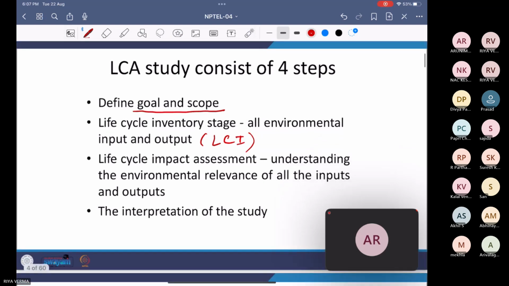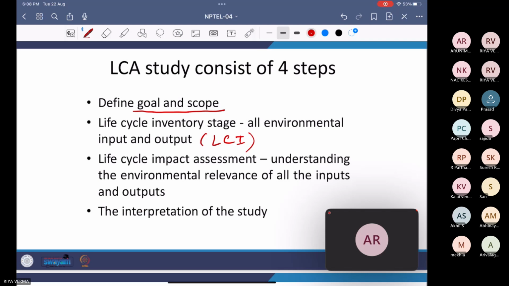After that, we go for the life cycle impact assessment. In that, we understand the environmental relevance of all the inputs and the outputs, like how each and every process is impacting the environment, what kind of emissions are being created, or what kind of waste is being produced, and also the carbon footprint, or whether the product can be recycled or not.